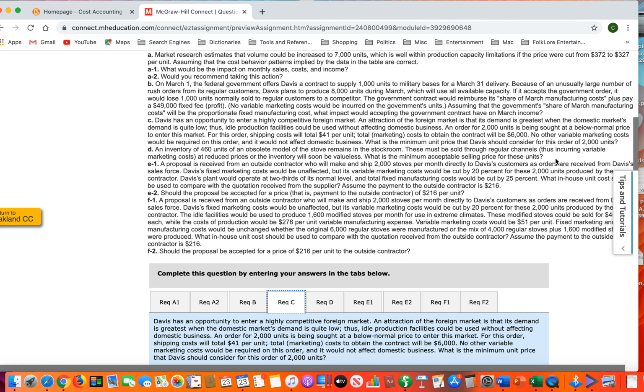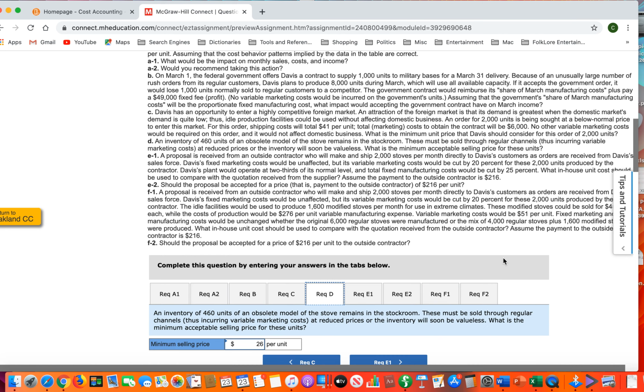So whatever it costs me to sell it, if I got to pay a salesperson, see, these must be sold through regular channels. As long as I cover that cost, that's the minimum cost. As long as I can cover my selling cost, what I've got to pay the people to sell it, that's the minimum.